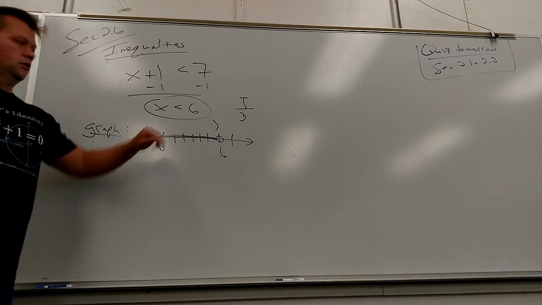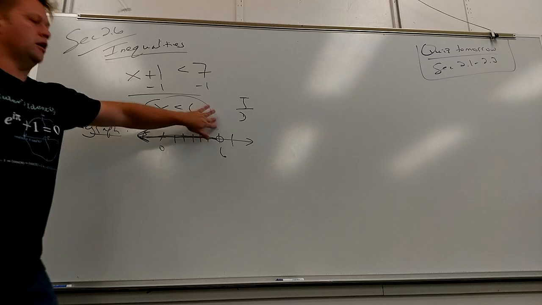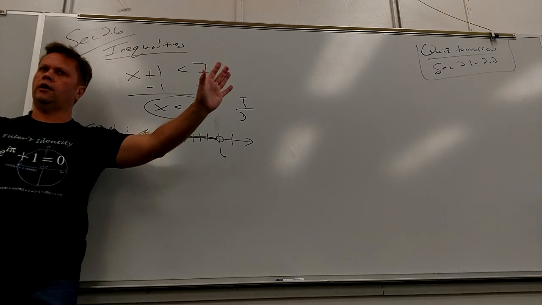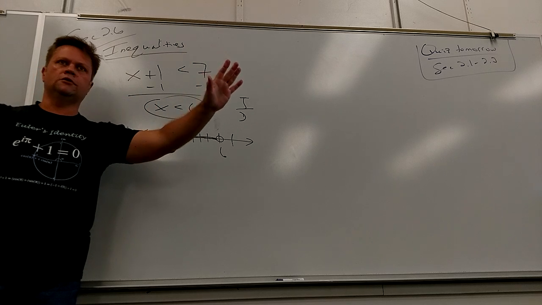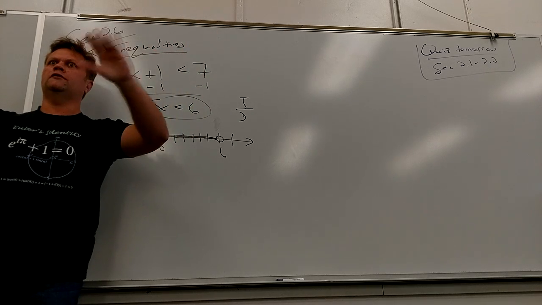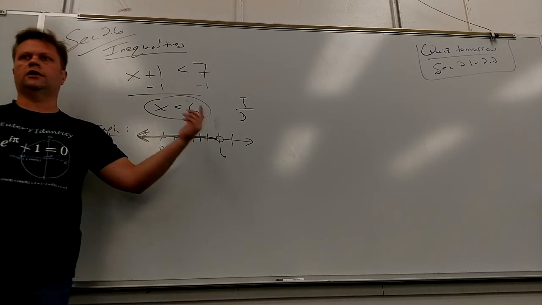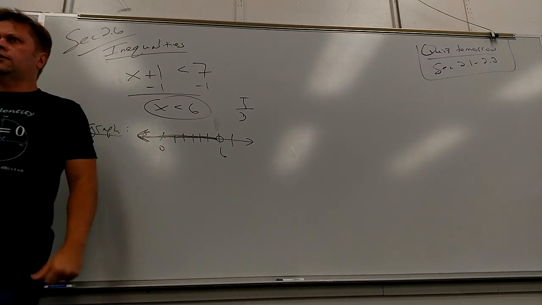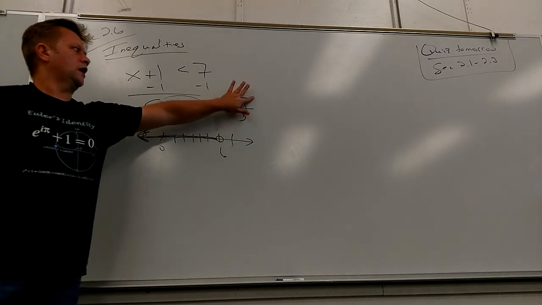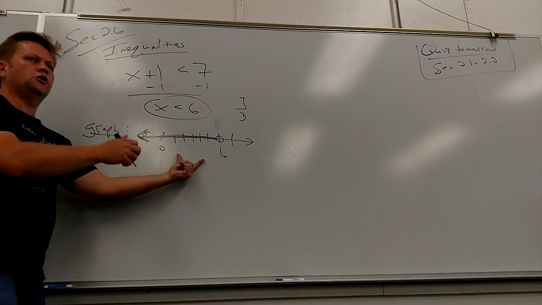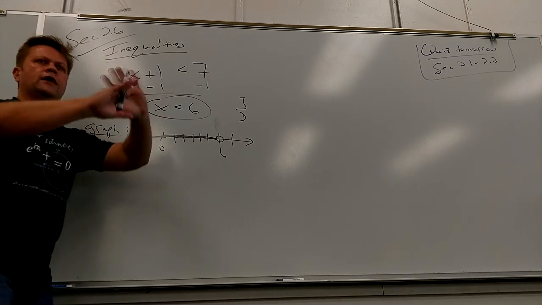If you're used to using parentheses and brackets, use them all day long. I love it. If you've never seen it before, or you like that you don't have to use them now, don't. You can use the open and closed circle because the book does. That relates more to interval notation, so you don't have to do this.